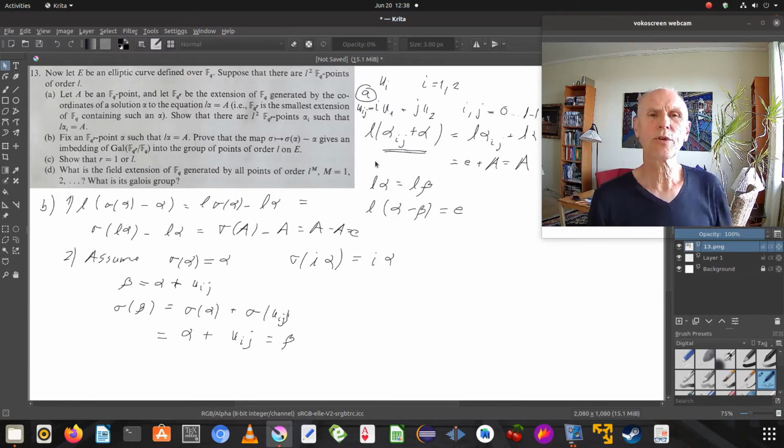You see, I thought there would be an automorphism mapping, say, alpha to each of these guys, so that the Galois group was transitive.